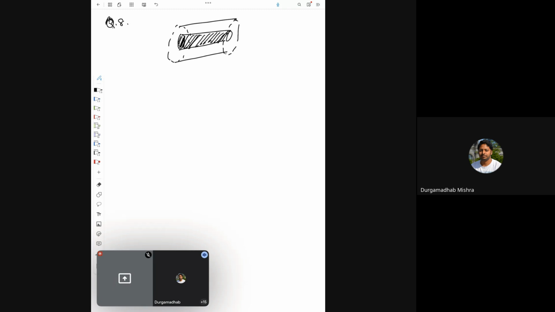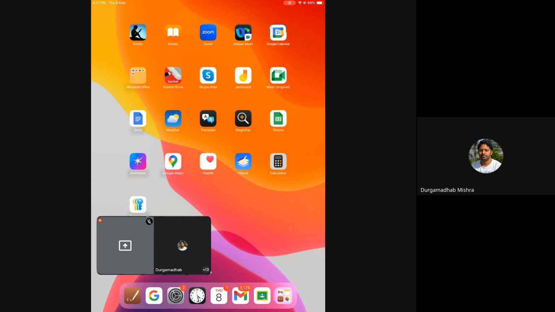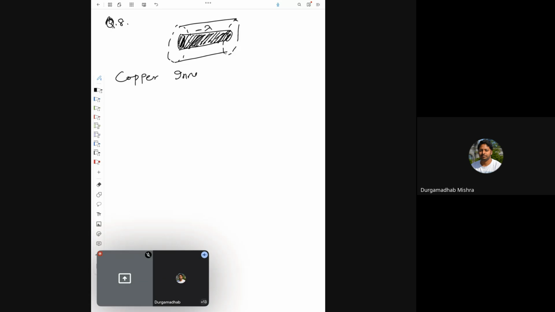So this is quite long, and this is made up of copper. So this is a copper wire, so to say, which has a linear charge density lambda. Both are made up of copper.